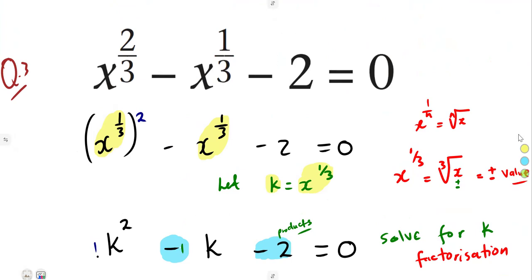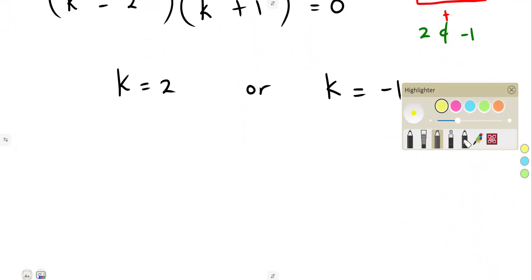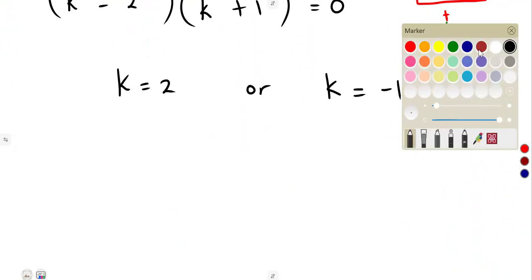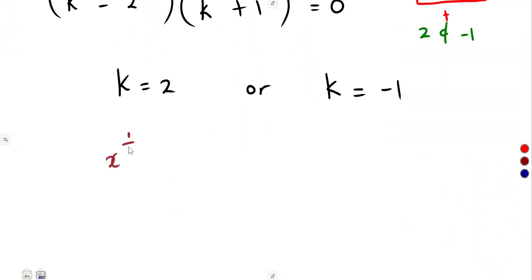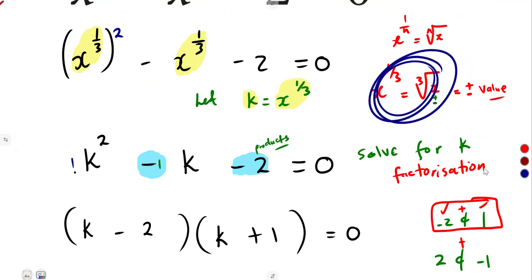So in place of that, let us substitute: x to the exponent of 1 over 3 is equal to k, where our k is 2, or x to the exponent of 1 over 3 is equal to -1. That is why I was explaining this here, to say x to the exponent of a third means the cube root of x.